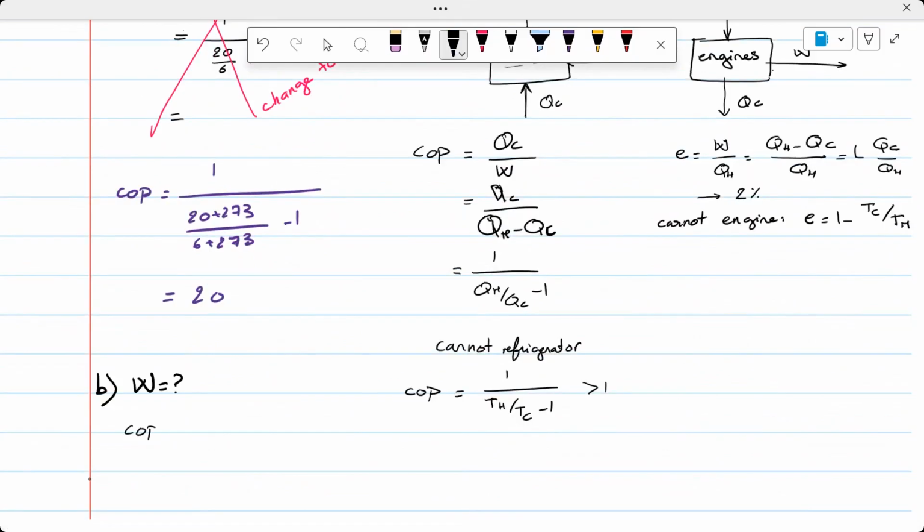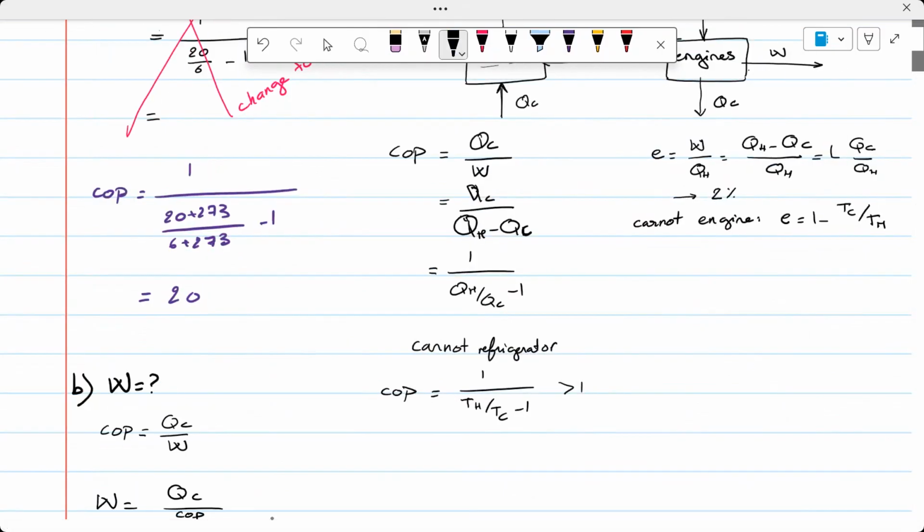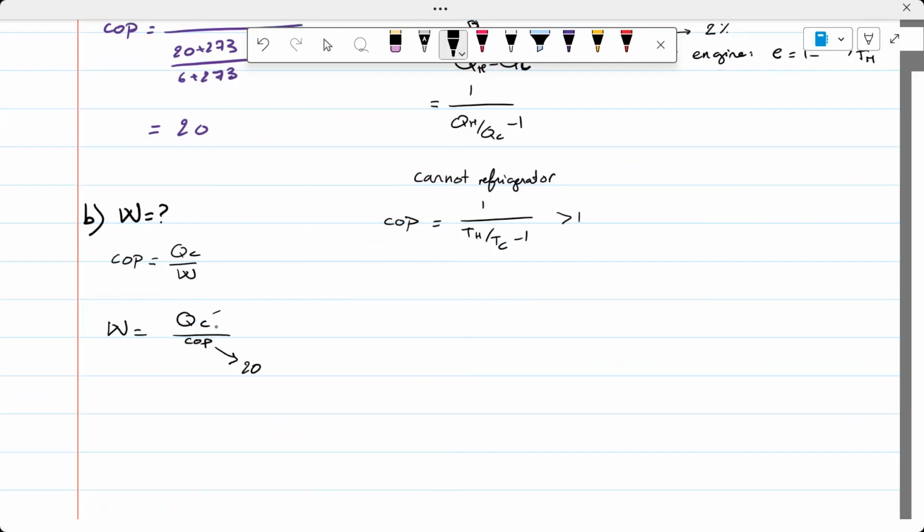So I know that the COP, I have defined it as QC over W. I can write W to be QC over the COP. All right, I know this is 20, which is good. So I'll need to see how much heat I have taken from the cold compartment in order to cool this substance.